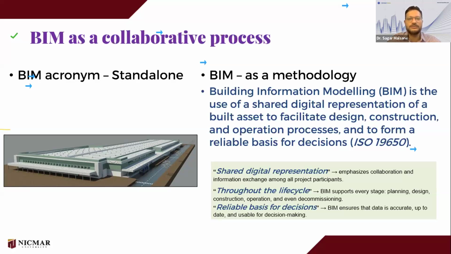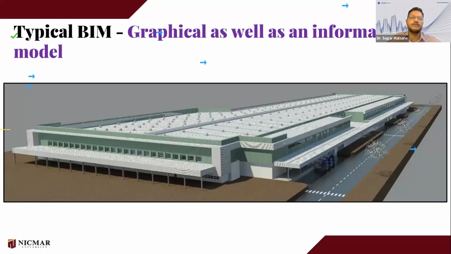If I have to just show you, look here, for example. This is a typical example of a building information model, which is graphical as well as an information model. When I say graphical and information model, it shows the 3D aspect, that's why it's graphical, but it is an information model because I can extract a lot of information from this model.